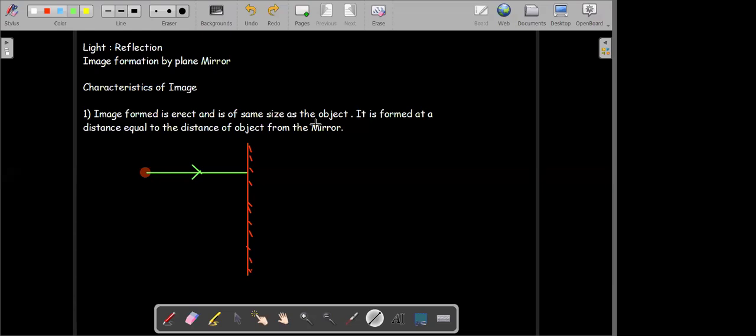Right? So let this be my normal. The angle made by the incident ray and the normal is 0 degree. Got it? For this case, I will write my angle of incidence, angle I is 0 degree.